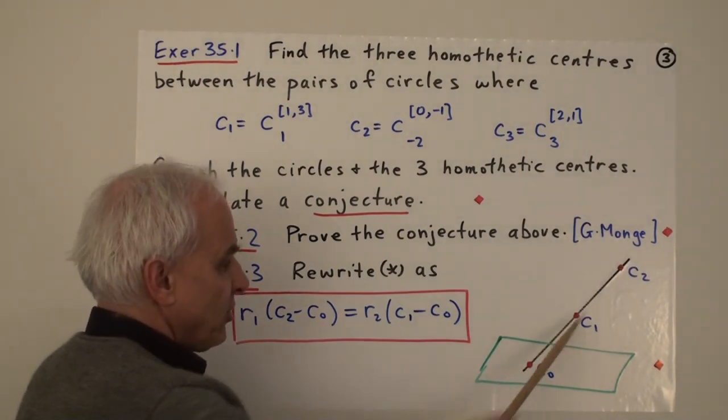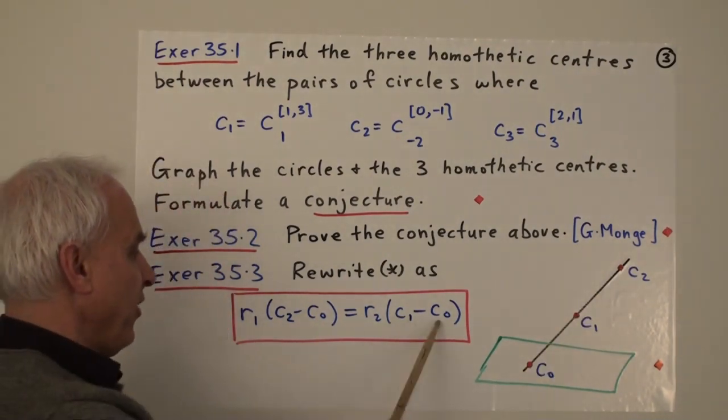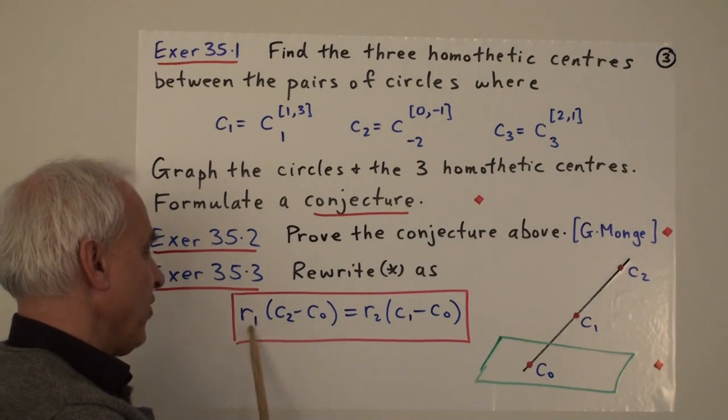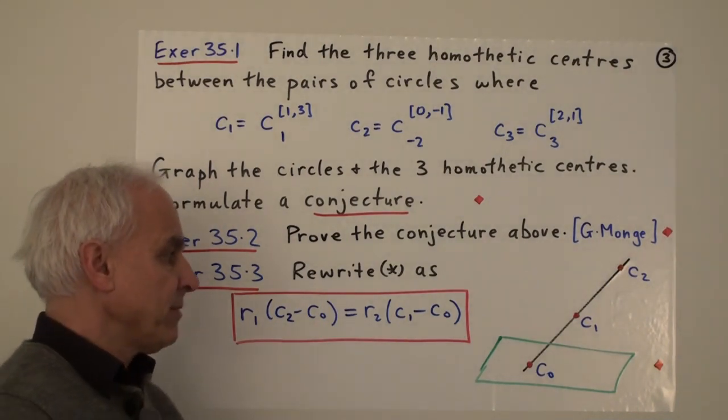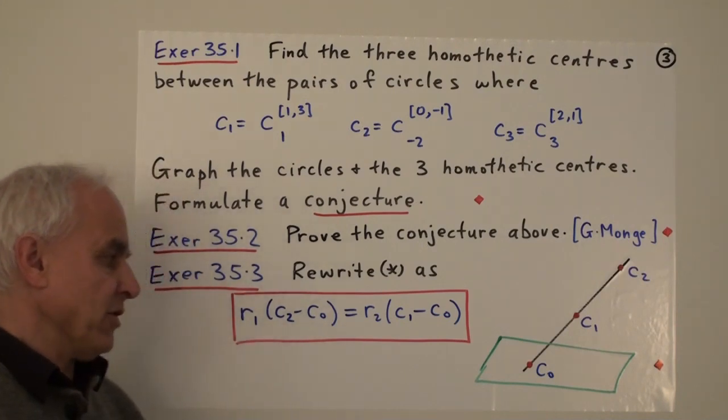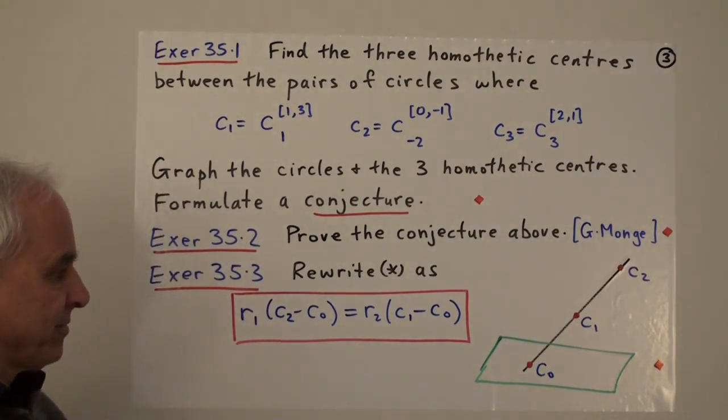So this to this is this over this. It's going to be the same as R1 over R2. It's another way of thinking about where the homothetic center is, which makes a lot of sense.